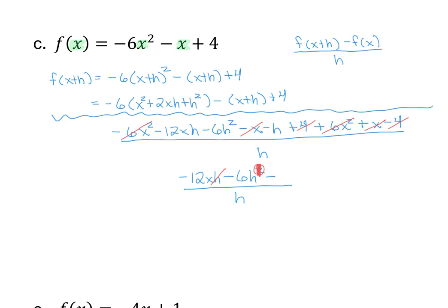There is still a number there in the front. So when we cancel it, we do still have that term there. And we can cancel out the h from the bottom. And so what this is equal to is negative 12x minus 6h minus 1.